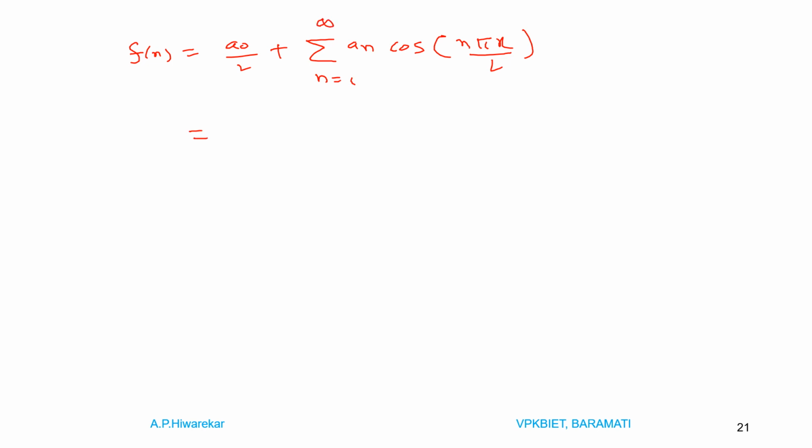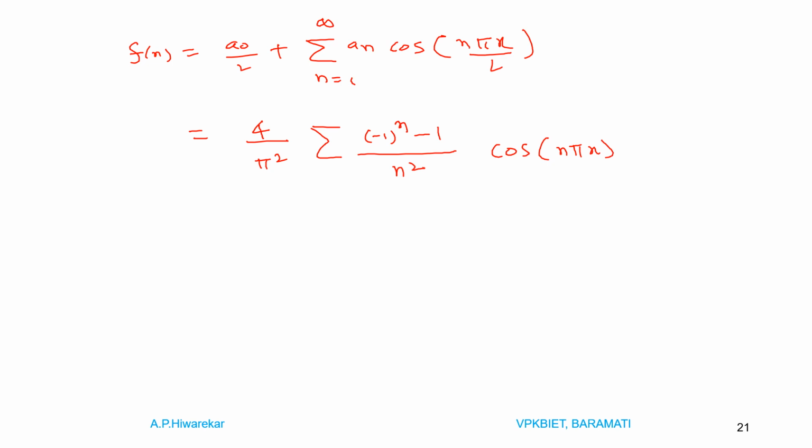The value of a0 we have got as 0 and the value of an is 4/pi square, which we can take outside the sigma notation, ((-1)^n minus 1)/n square into cos(n pi x).